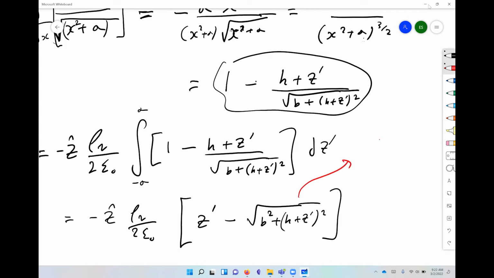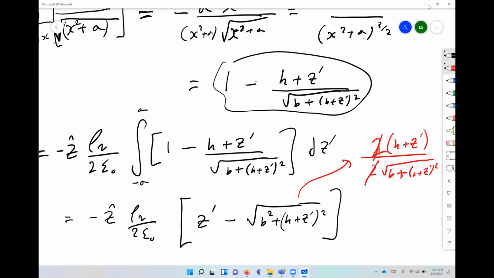If you differentiate this, you get 1 over 2 square root B squared plus H plus Z prime squared. And then you differentiate what's inside the square root. So this gives me 2 H plus Z prime, right? 2 cancels with 2, I end up with H plus Z prime over square root B, not B squared, B plus H plus Z prime squared. So this is easy to do from inspection.